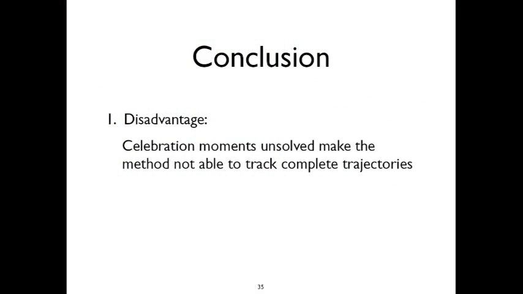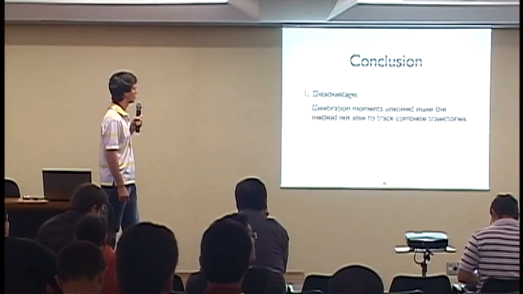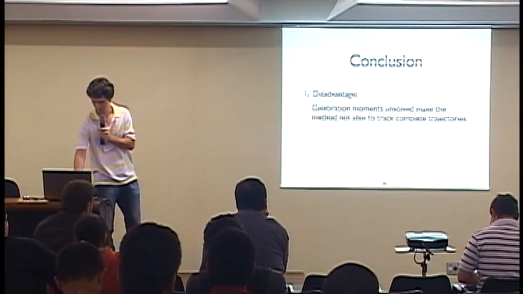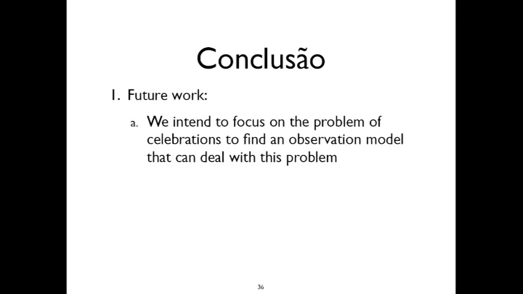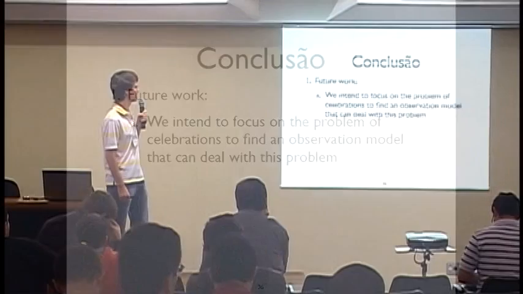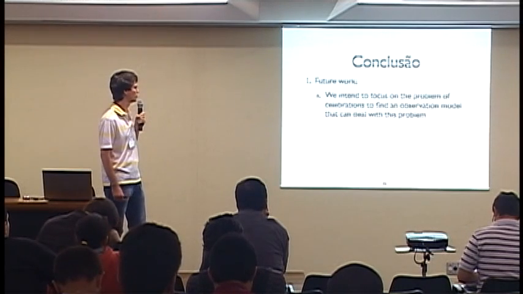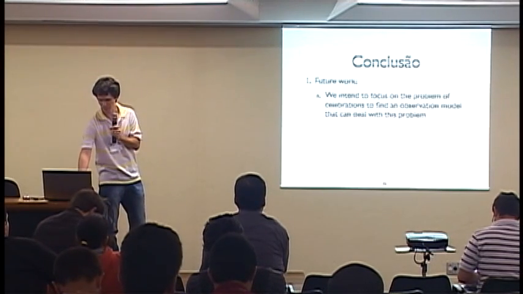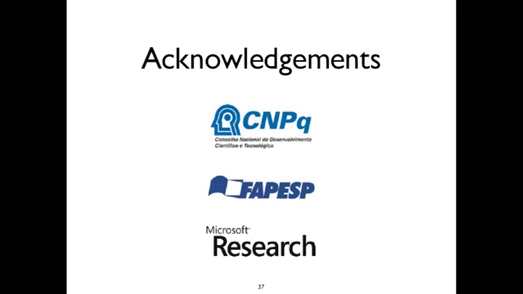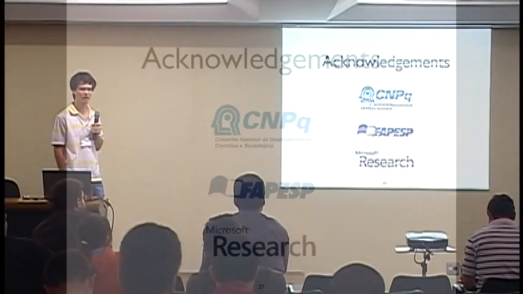The main disadvantage is that celebration moments are unsolved, which makes the method unable to track complete trajectories. As future work, we intend to focus on the problem of celebration, to find a method that can deal with this difficult problem. Our acknowledgements. Thanks for all.